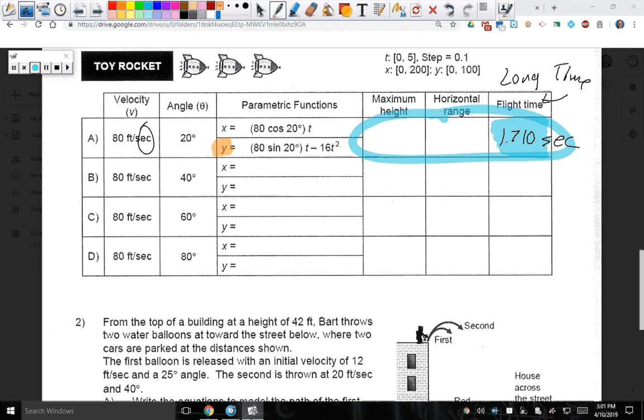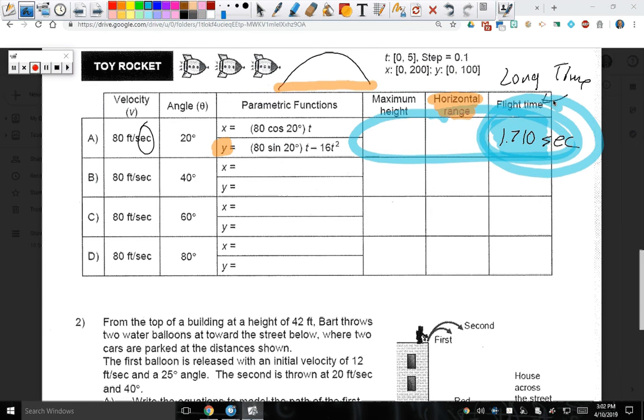Now this is very important what I'm about to show you. The horizontal range is when you launched it, this right here will tell you the horizontal range. You with me? So if it took 1.710 seconds to go from here to here, then what could I do with 1.7?